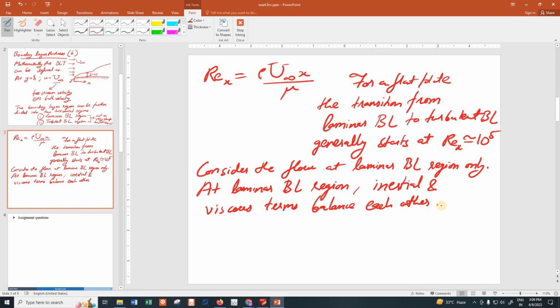They are the only ones acting on each other, and we have assumed that there is no body force term and the flow is steady.